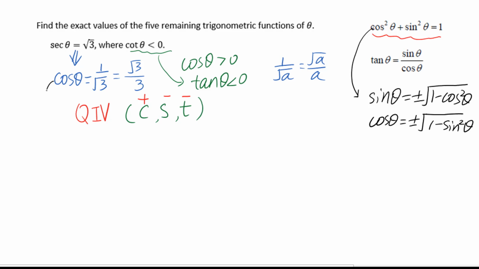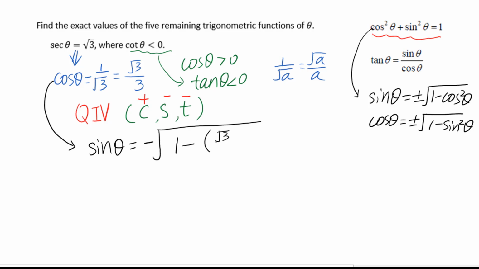Therefore, from this cosine theta, I can get sine theta. Since sine theta is negative, you get the negative square root of 1 minus square root of 3 over 3 squared.